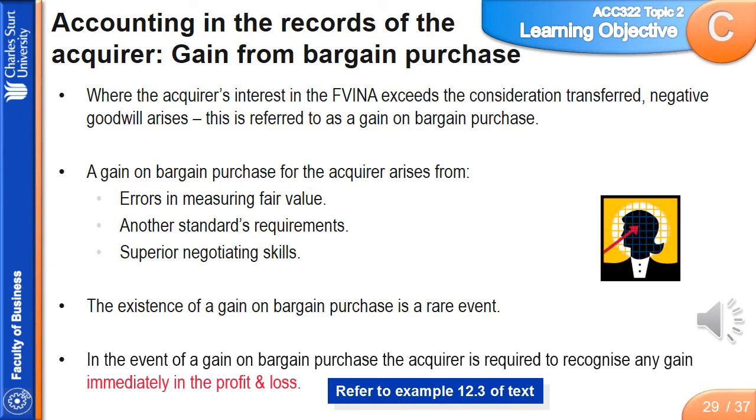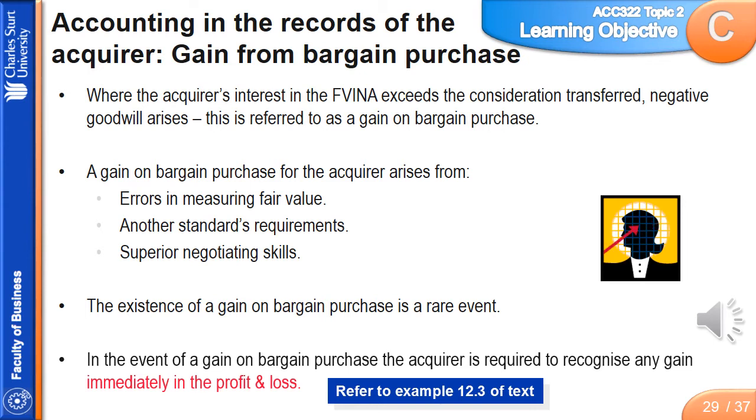Per AASB 3, paragraph 36, in the event of a gain on bargain purchase, the acquirer is required to reassess that it has correctly identified all the assets acquired and liabilities assumed, and that they're measured at fair value correctly, and the consideration as well has been measured at fair value.